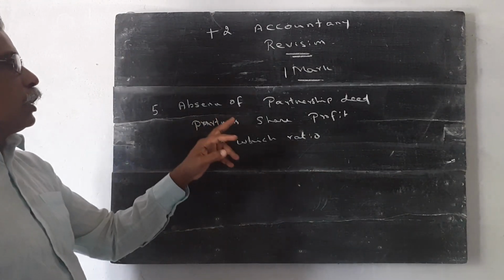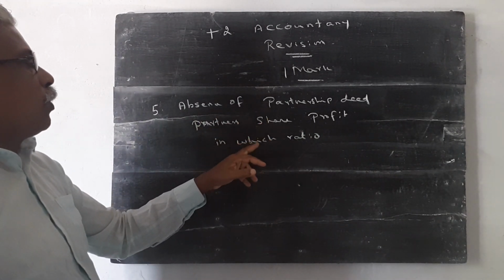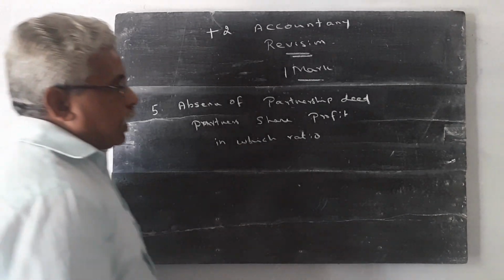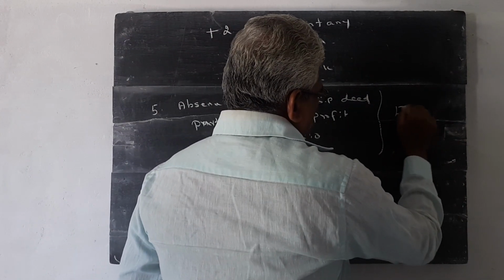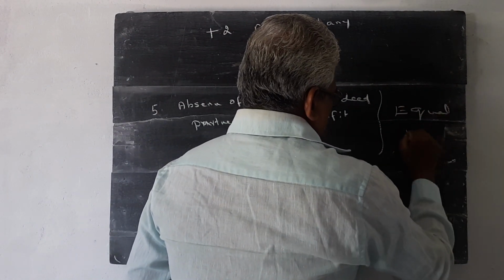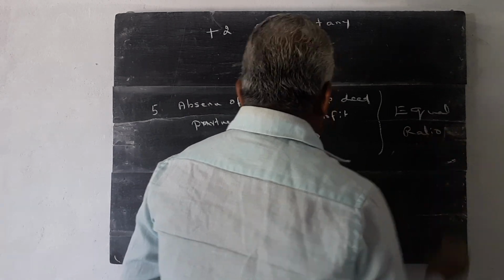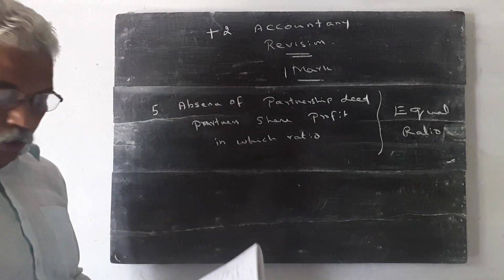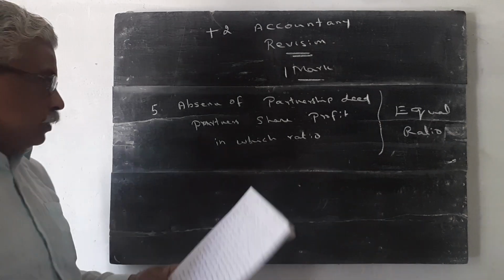In the absence of partnership deed, partners share profit in which ratio? The answer is equal ratio. Then question number 6.